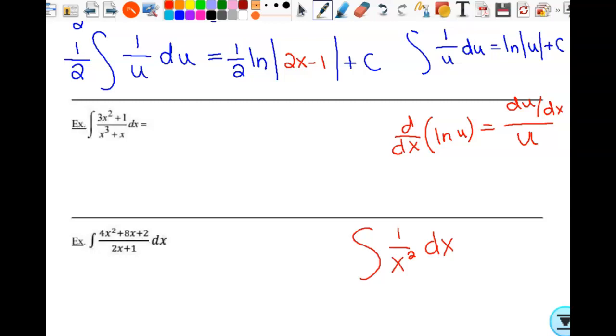When students see 1 over something, they think, oh, natural log antiderivative. No. It has to be a situation where we can take this denominator and see the variable component of its derivative in the numerator. What's the derivative of x squared? 2x. It's not a natural log antiderivative. So be careful there. Just because it's 1 divided by something doesn't guarantee it's going to be a natural log antiderivative.